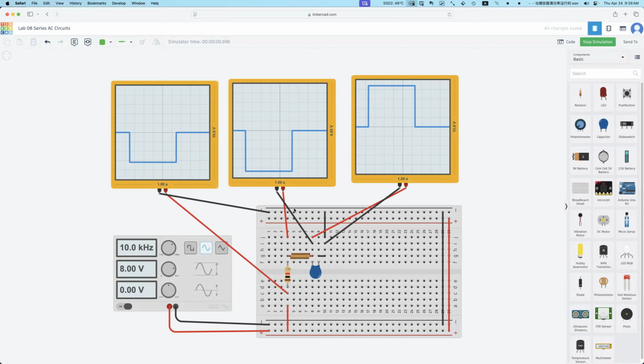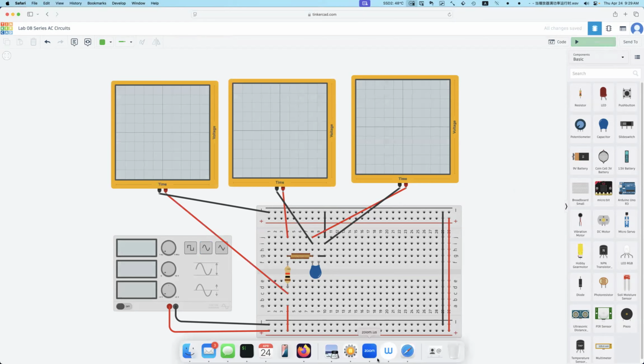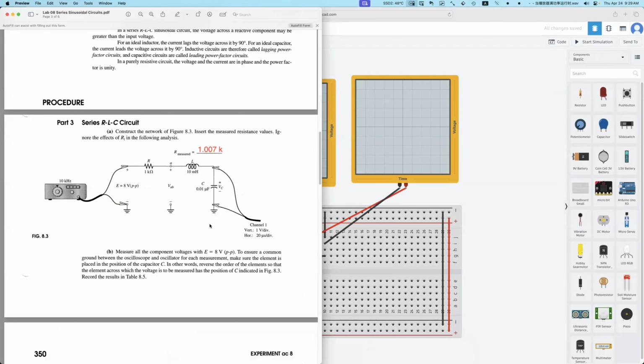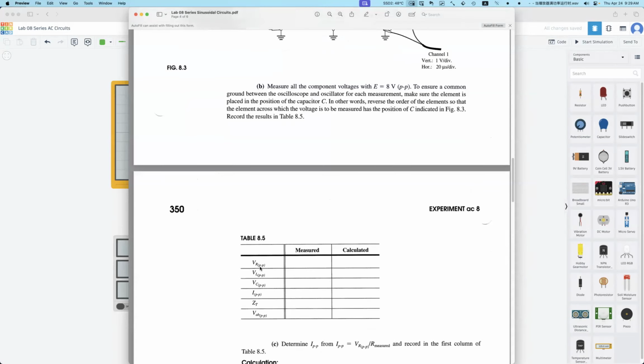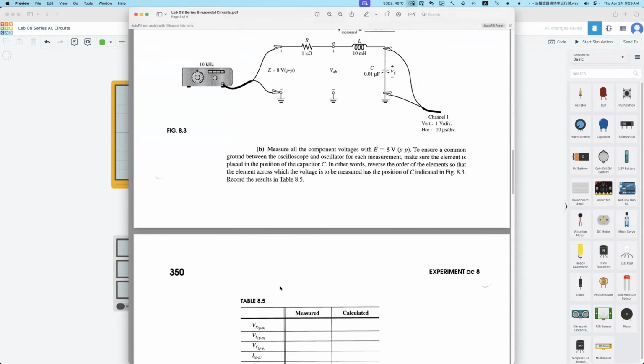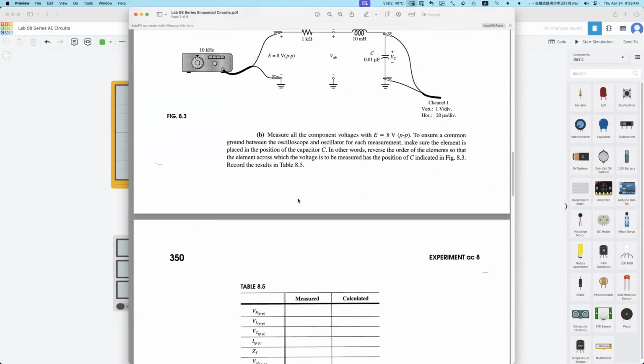Okay. So for this one, circuit seems correct. Yeah. So after you build this in the Tinkercad, then you need to measure this. So VR, VL, VC, this is from the measurement, right? Then I peak to peak, this is from the calculation. Actually, no, this uses the measured value, then do calculation.